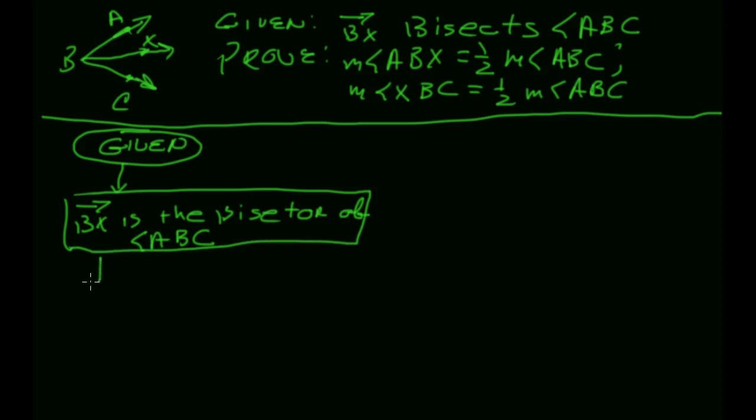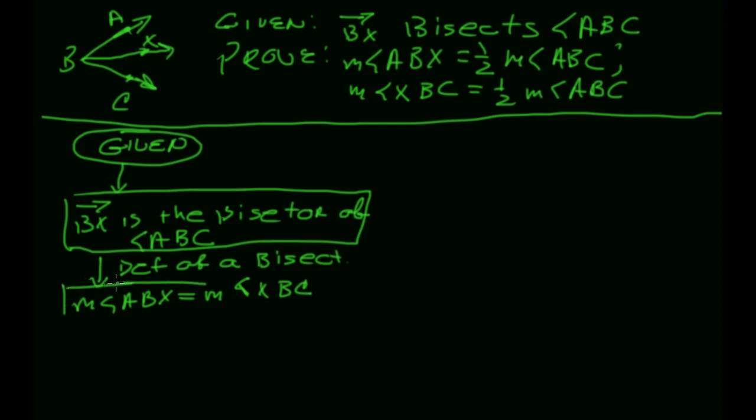Now, immediately from that, by the definition of a bisector, so see where I put the reason right down on that arrow? I know that the measure of angle ABX is equal to the measure of angle XBC, because that's what a bisector does. It cuts an angle into two angles that have equal measure, two congruent angles.